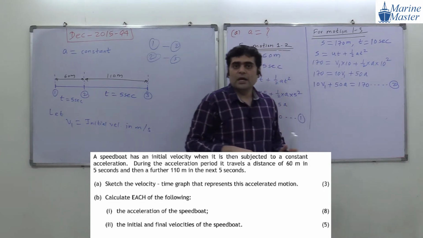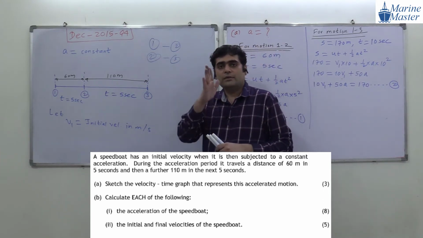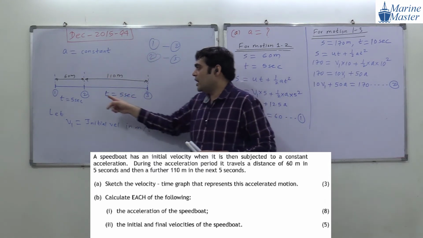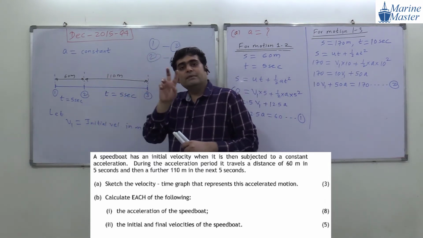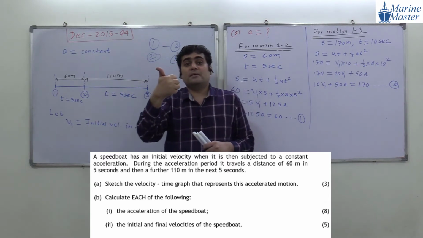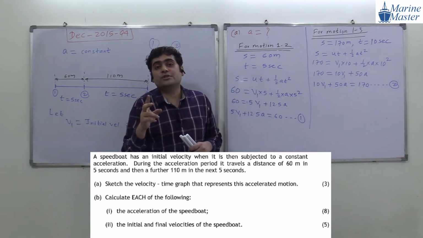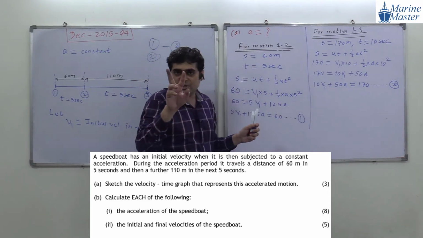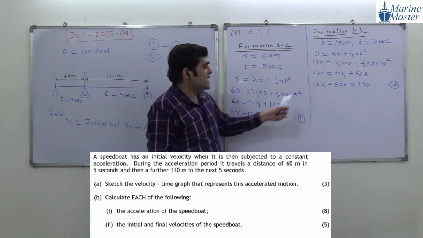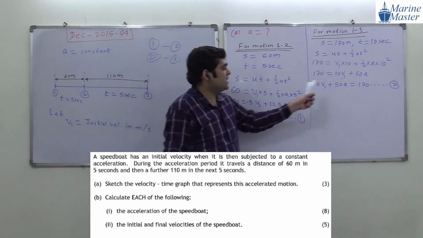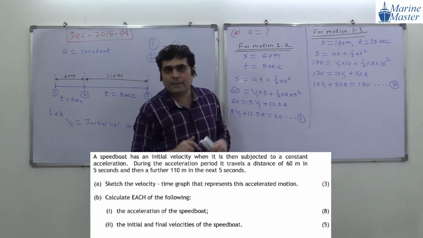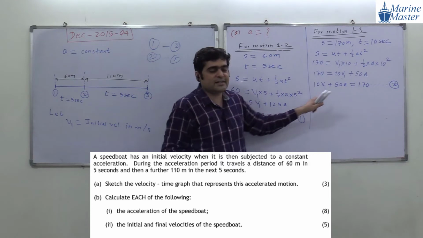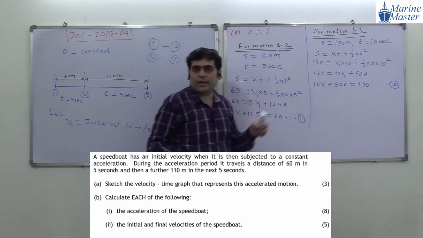To solve 2 equations, simultaneous linear equations, the variables must be the same. So here is v1, here is v1, here is a, here is a, a linear equation in 2 variables. We can consider v1 as x and a as y. Are you getting my point?